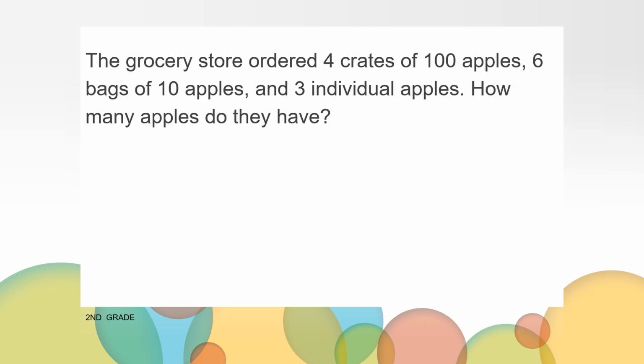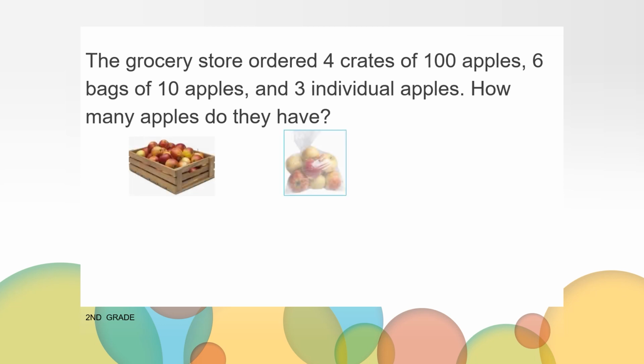Now let's try using this information to solve some math problems. The grocery store ordered 4 crates of 100 apples, 6 bags of 10 apples, and 3 individual apples. How many apples do they have? Well, we know that there are crates of 100, bags of 10, and individual apples.